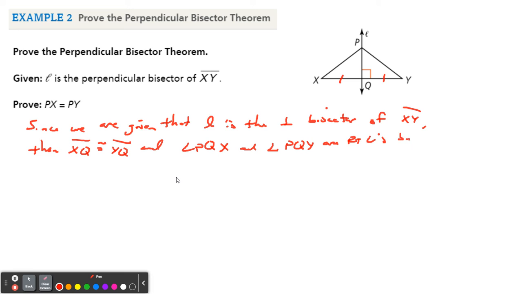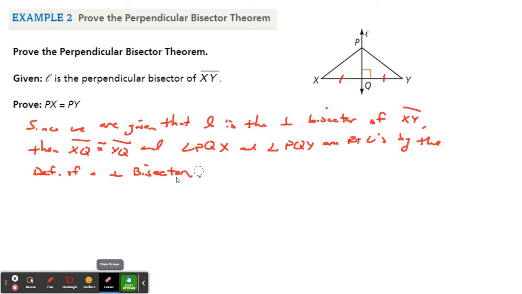And this is by the definition of a perpendicular bisector. So we have two right angles, and we have a pair of congruent sides.